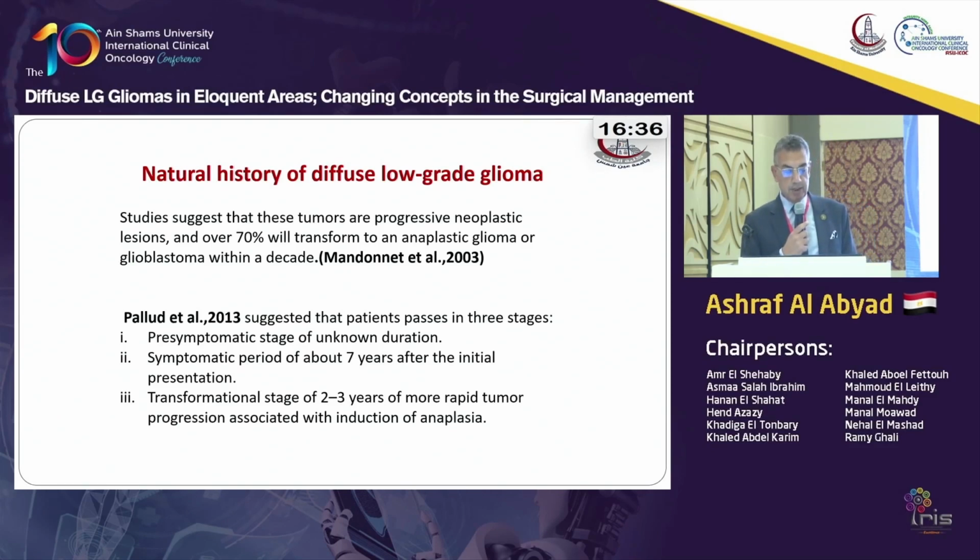It has been suggested that these tumors pass into 3 stages: the pre-symptomatic stage of unknown duration, the symptomatic period of about 7 years after the initial presentation, and the transformational stage of 2 to 3 years of more rapid tumor progression associated with induction of anaplasia.